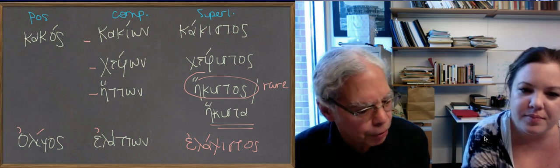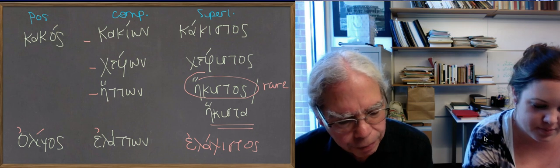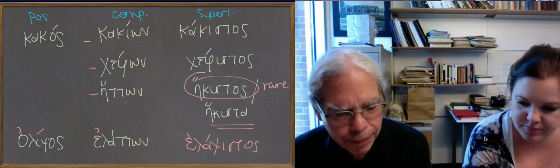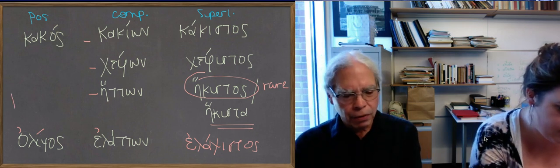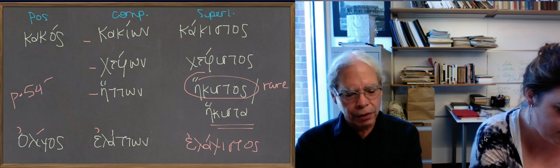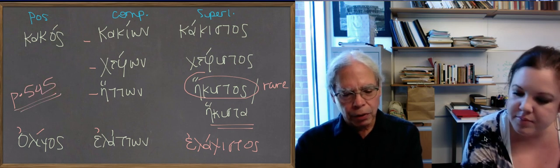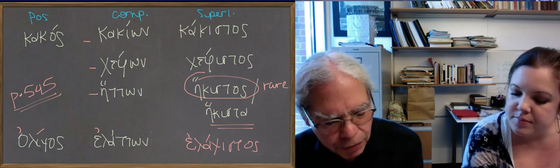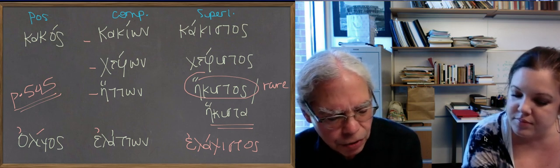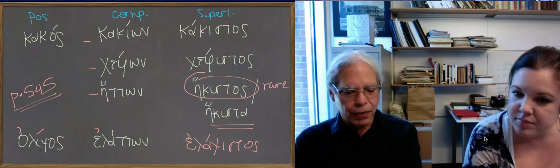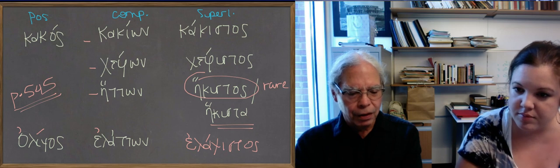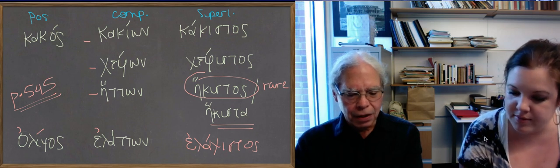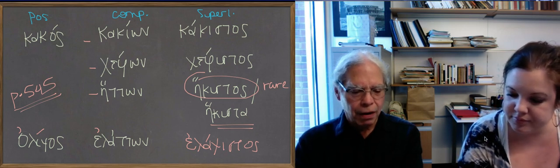The other ones in the book are the words for big, megas, medzon, and megastos. The comparative and the superlative of the adjective polus that we had earlier, that they're pleon or pleon and pleistos. The comparative and superlative of tachus, the word for swift, which are thaton and tachistos. You've got a theta in that form because in the other forms there's a chi, and the original root is theta alpha chi.